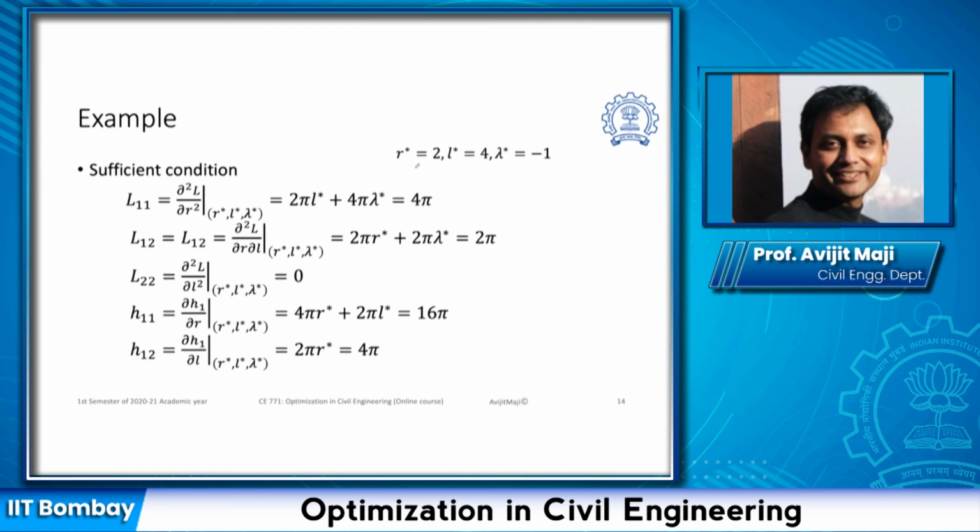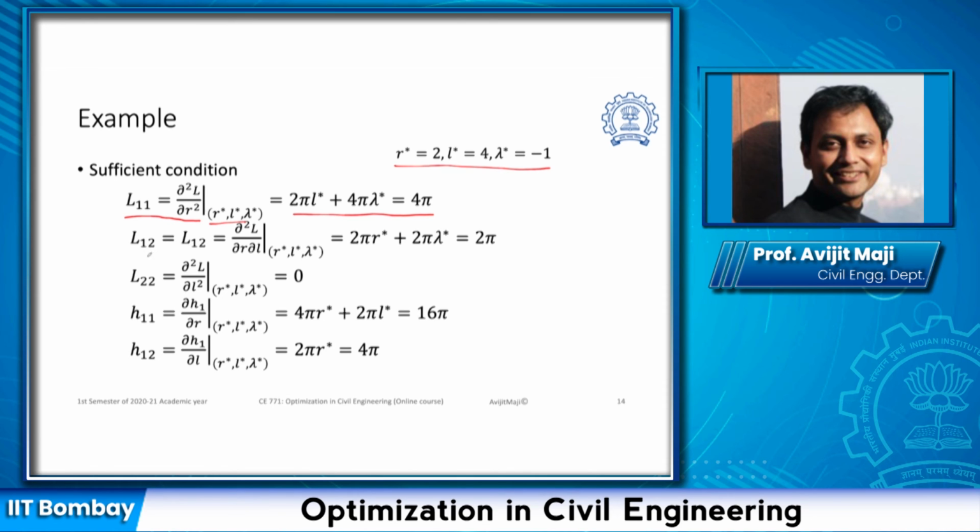So we have the design variable values, and in the sufficiency condition we need to calculate the various terms of the Lagrange function. L11, the second order partial derivative with respect to the first variable at this point, is going to be 4 pi.